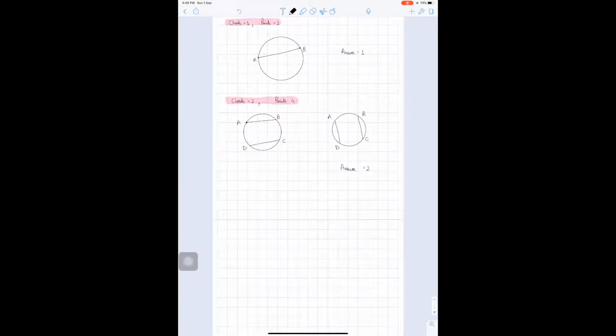Even before we start with that, let's see what happens if we have chords 3 and points 6.